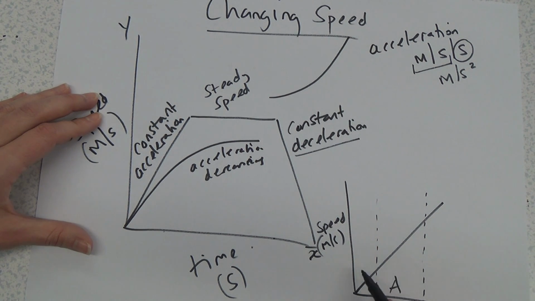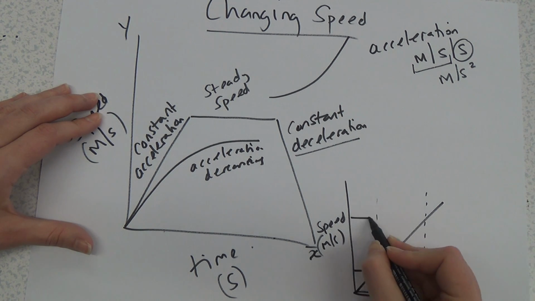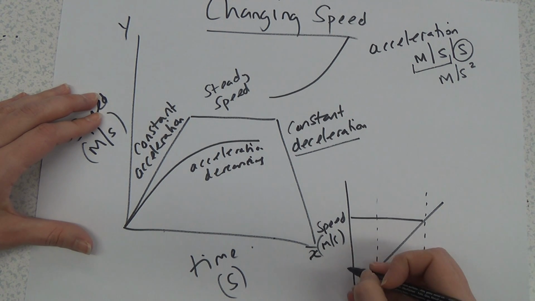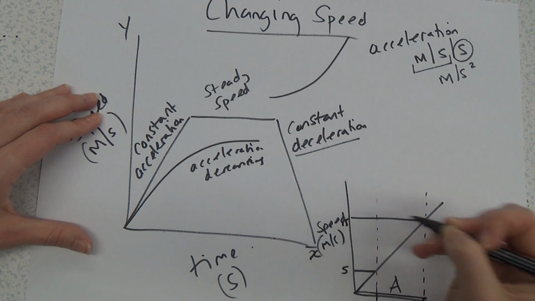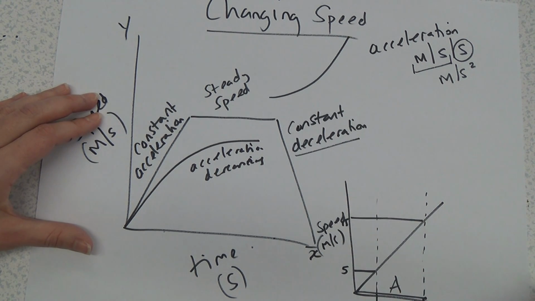You look at the time it takes for the section. If we separate it into this area, it will be from here to here. So let's say the time goes from 2 to 5 seconds. And then we look at how the speed has changed from here to here, and let's say it goes from 5 to 15. Let's make our numbers nice and easy.